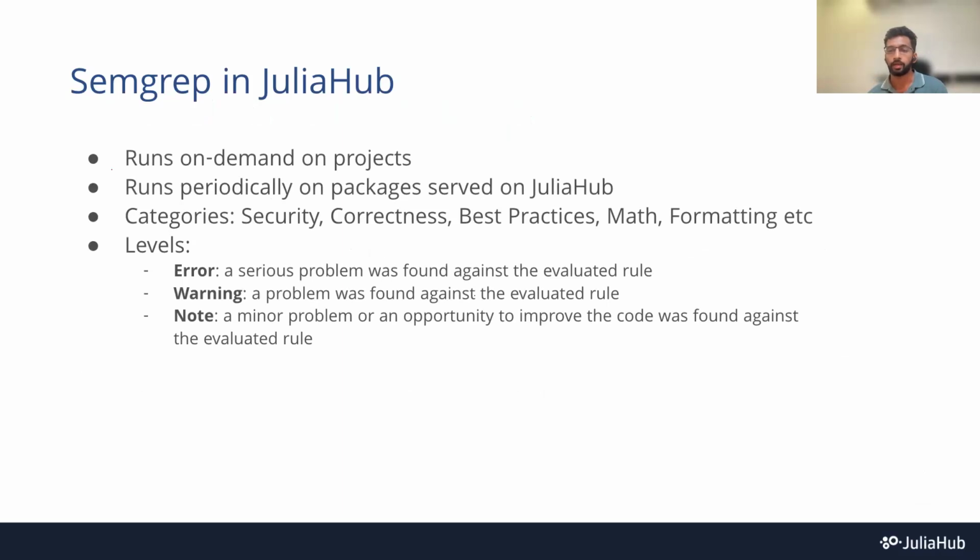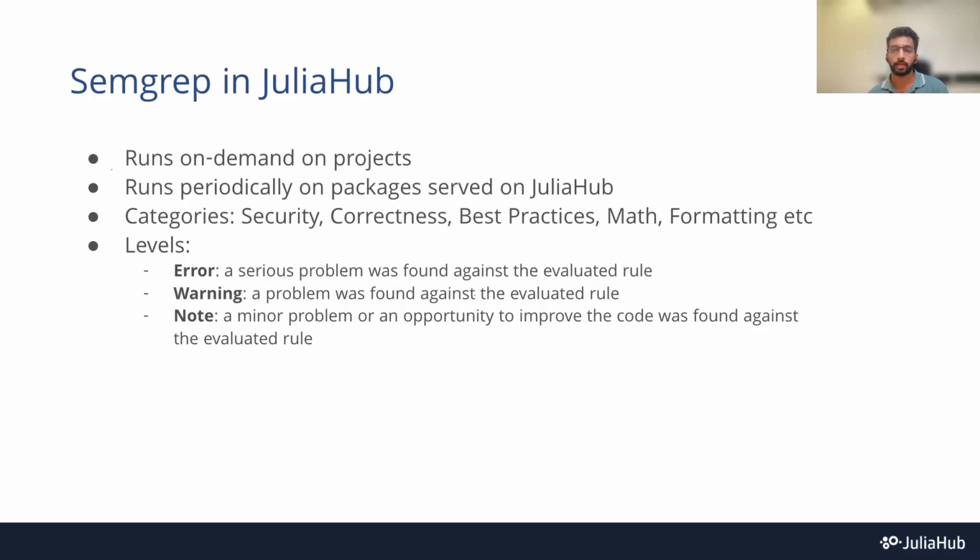Semgrep primarily runs in two ways in JuliaHub. One is it can be triggered on demand on any of the project source code. This means developers can initiate scans on their project's code at any point during development.